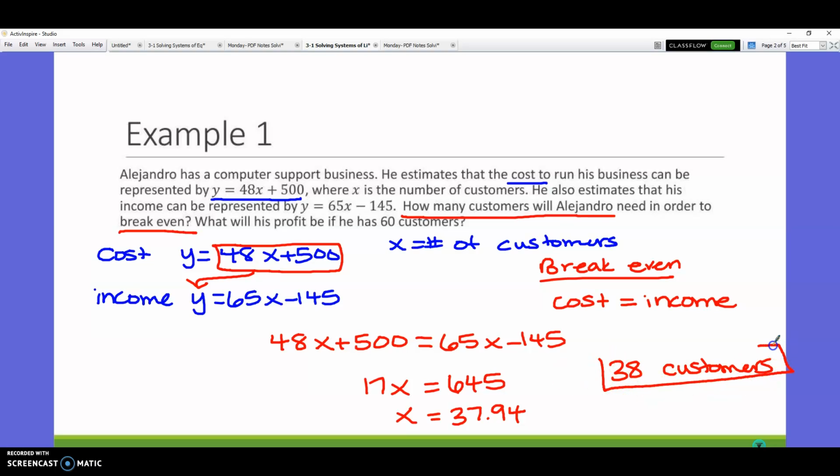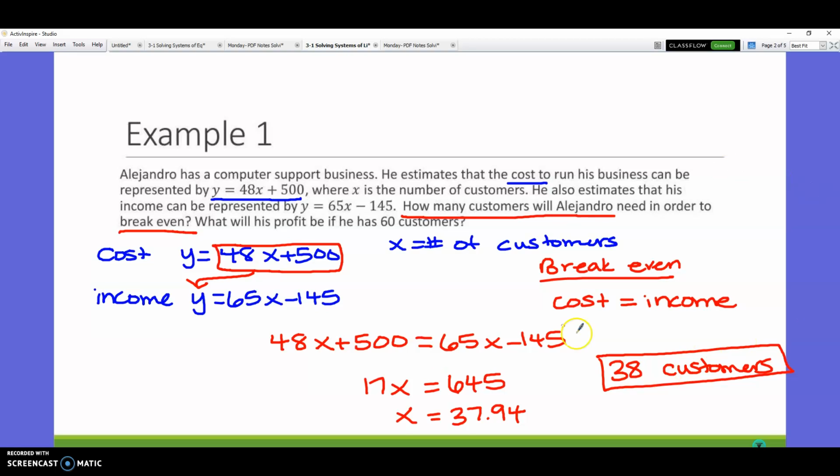So make sure, based on what the words are in your question, you're rounding correctly. You can't have 0.94 of a person. We need to round that to 38 customers, and we'd have to round up because 37 would not get him enough. He'd be in a deficit at 37 customers. He'd have to have 38 in order to break even.